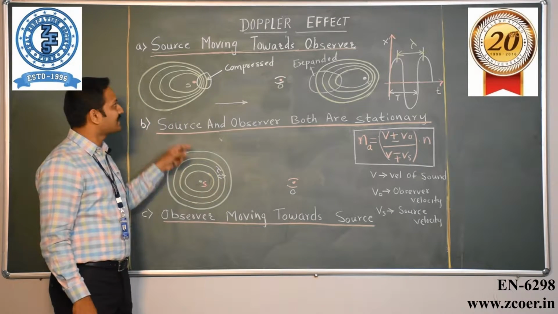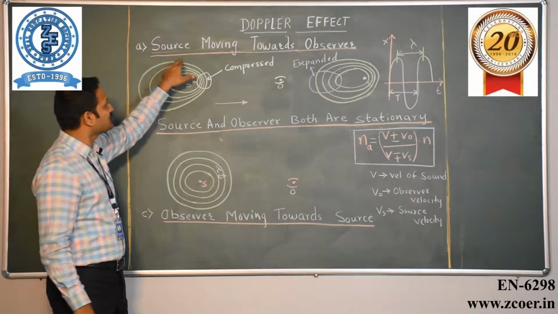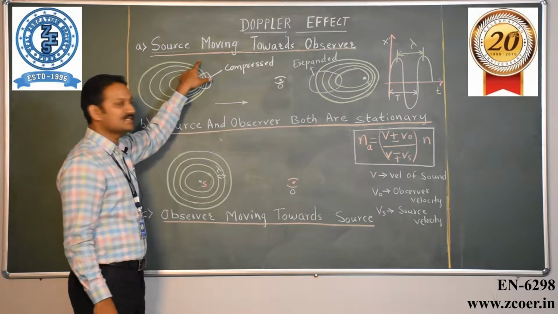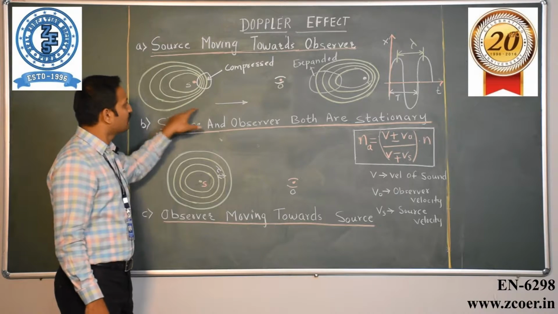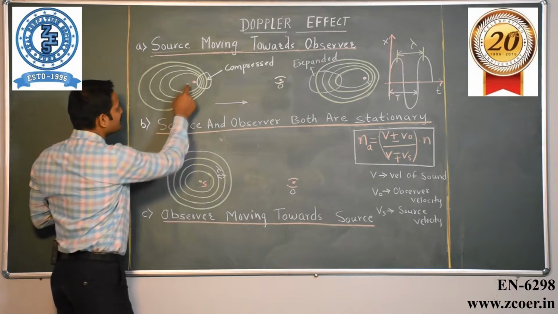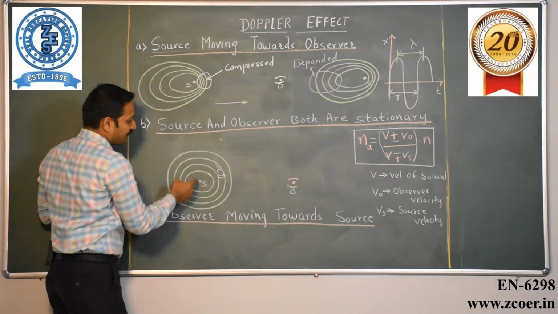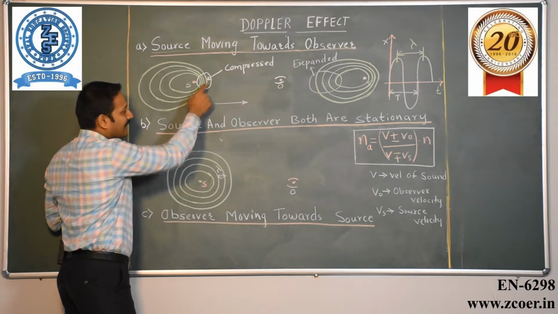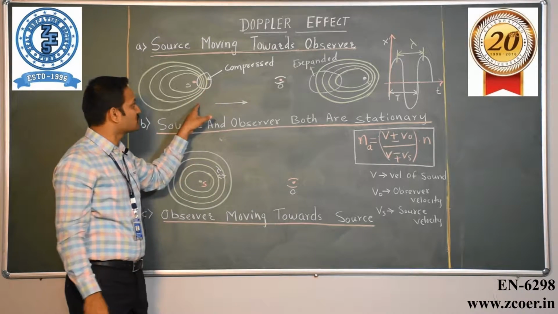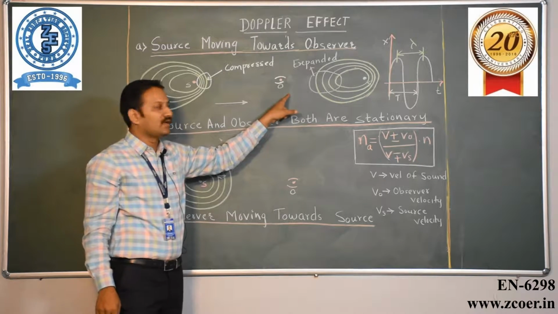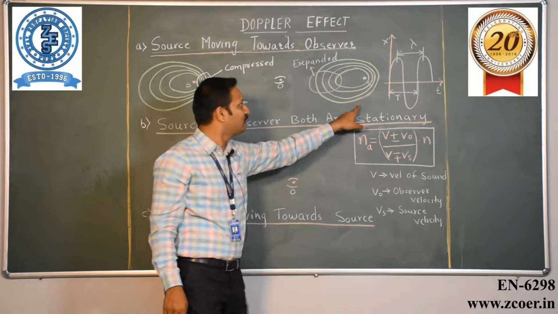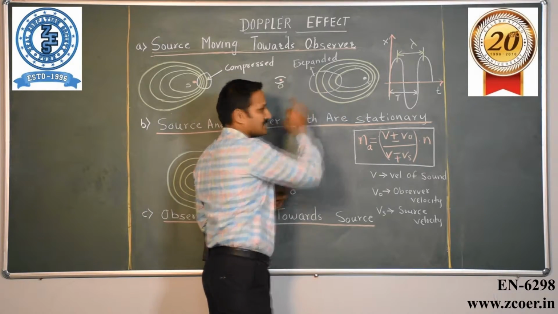Now if you take a second case where source is moving towards observer. Now this is your second case. Now what does it say? As the source moves towards the observer, whatever waves are generated, the lambda, that is we call it as a wavelength, gets compressed as the source moves towards the observer. Once the source moves away from the observer, then again you may find the wavelength changes.